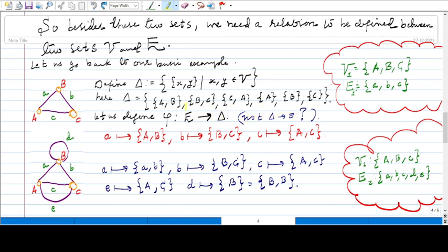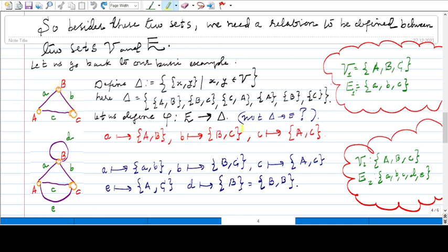In this particular graph, if I define a function from E to delta, how do I assign? I can see that a is in between the vertex pair AB, so I map a to the pair AB. Likewise, I map b to the pair BC because it is in between BC.